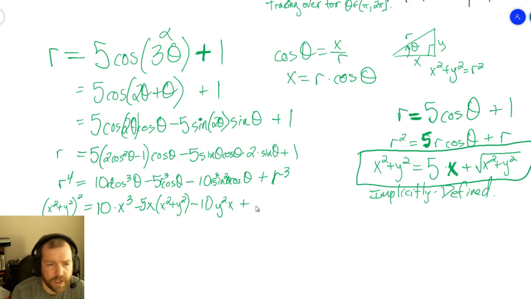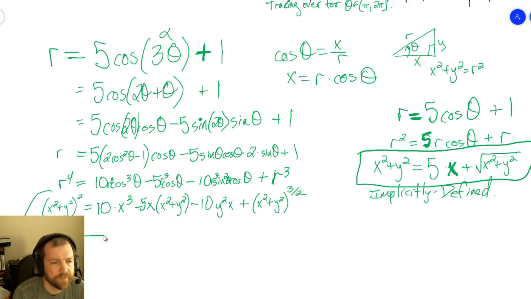Plus r cubed is going to be r times r squared, or parentheses x squared plus y squared, raised to the 3/2 power. So yeah, this isn't too bad.